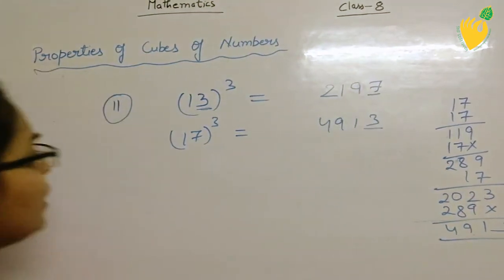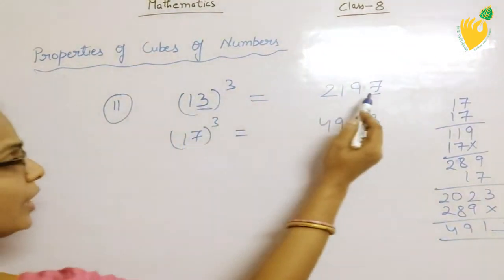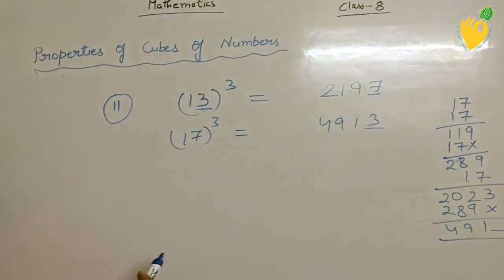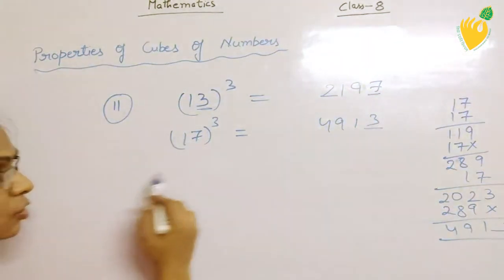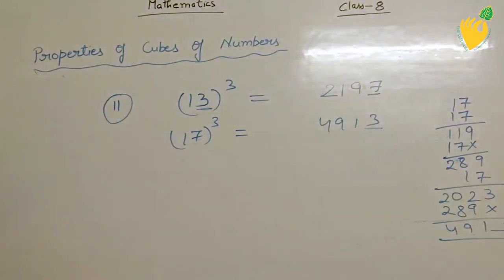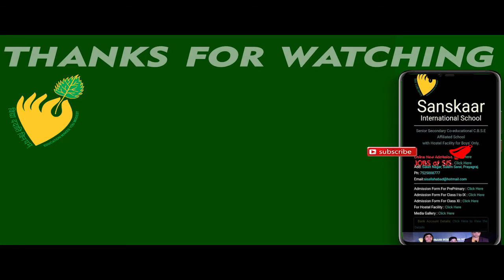So we can easily see that if any number ends with the digit 3, then the cube of that number will end with 7. And if any number ends with 7, then the cube of that number will end with 3.